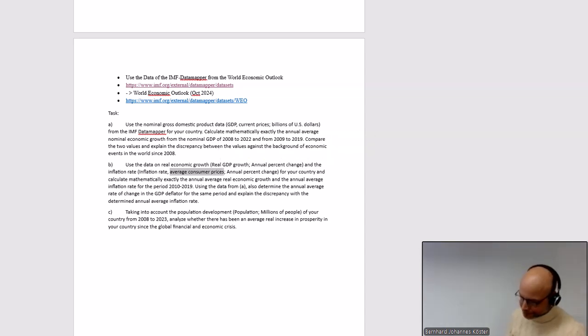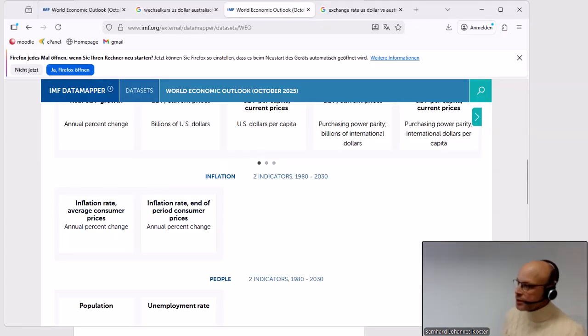Because here you have two possibilities. And please be careful that you also choose the right data. I want to have from you within the task, because if you choose the wrong data set, then of course you get other numbers.